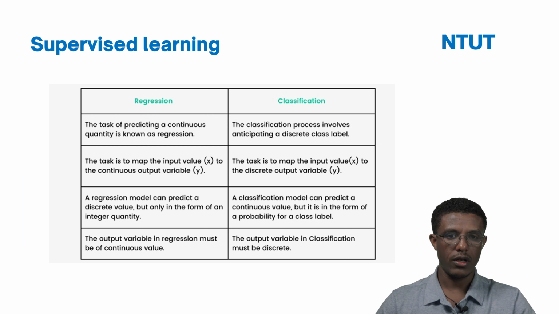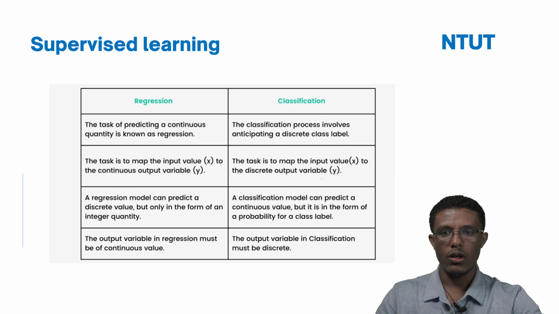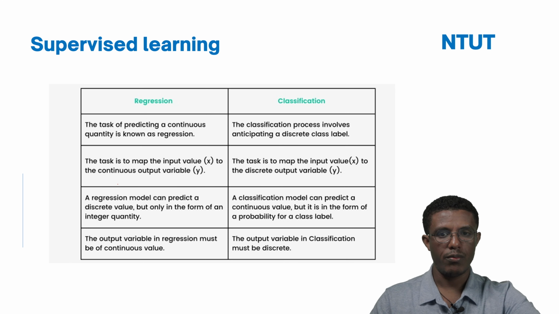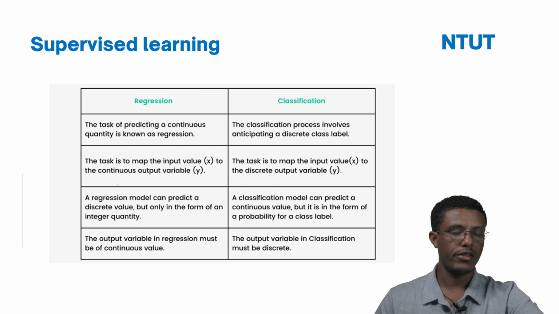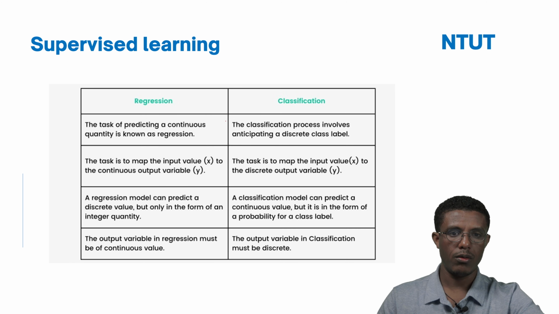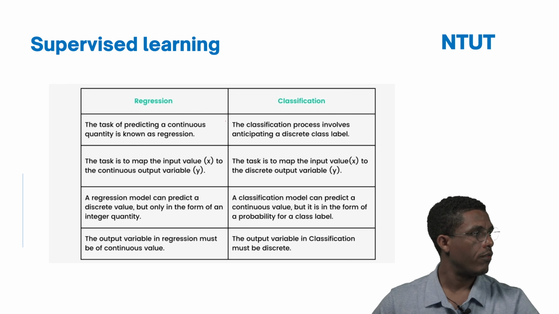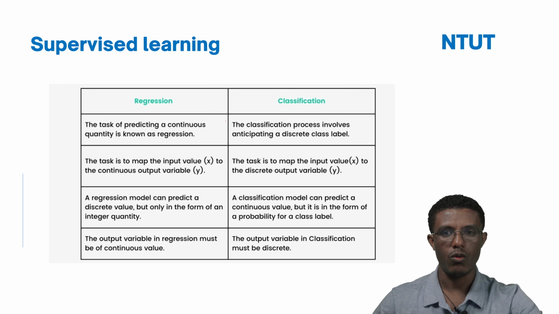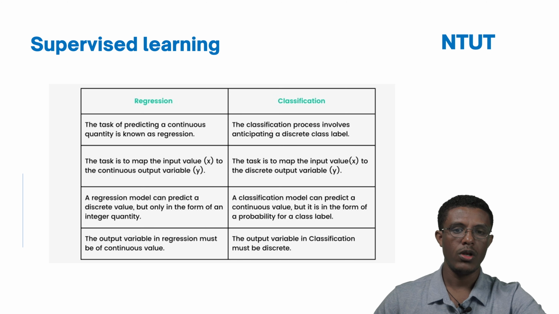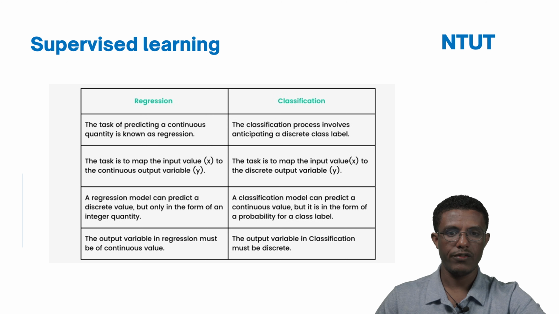That is called classification. In regression, the task is to map the input x to the expected output y. Also here, the map is from x to a discrete output value y. So this is the way to represent and distinguish regression and classification.